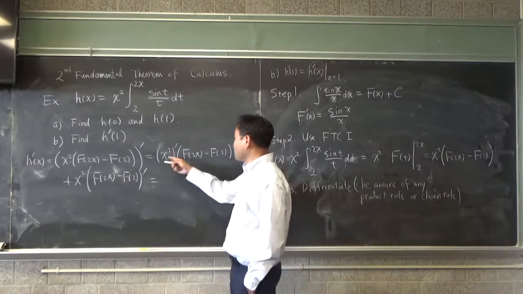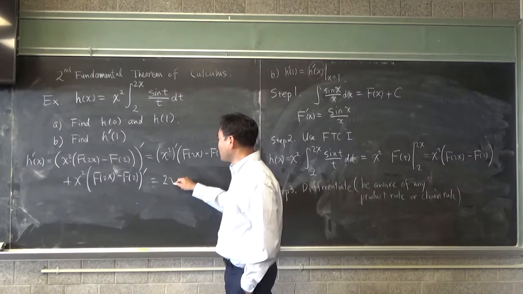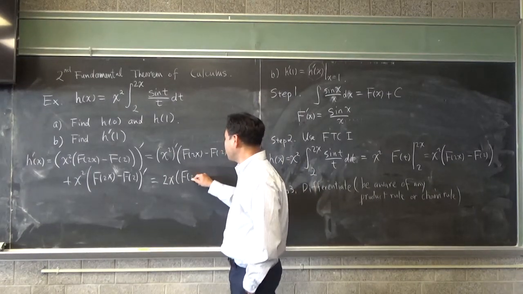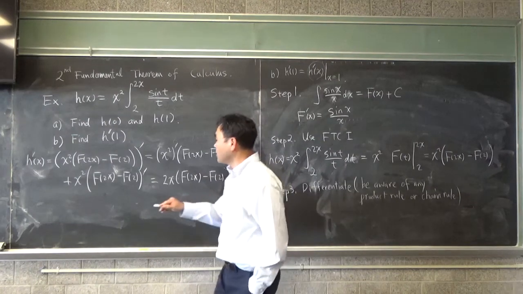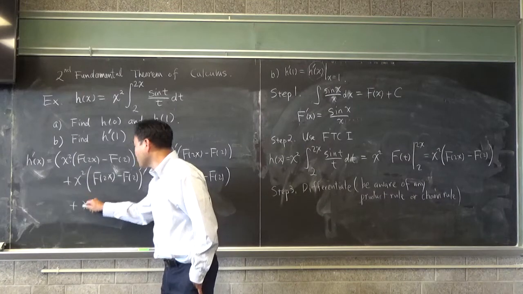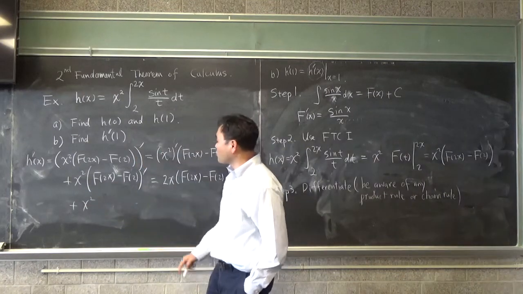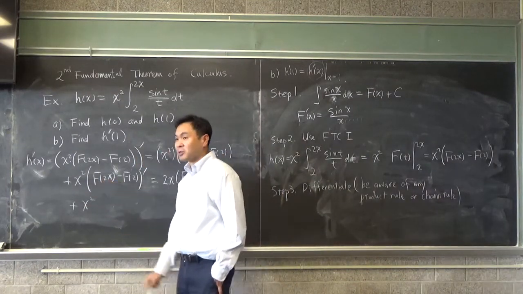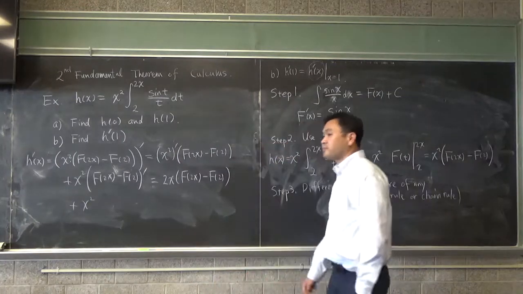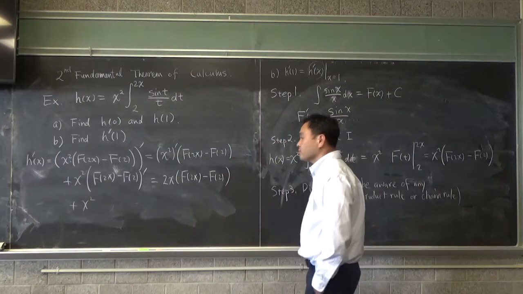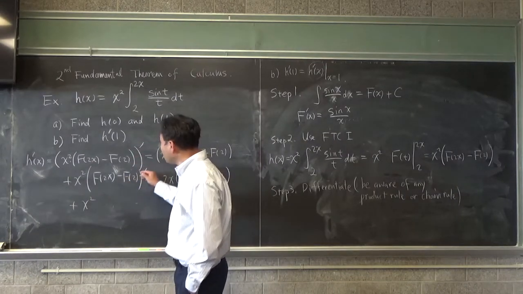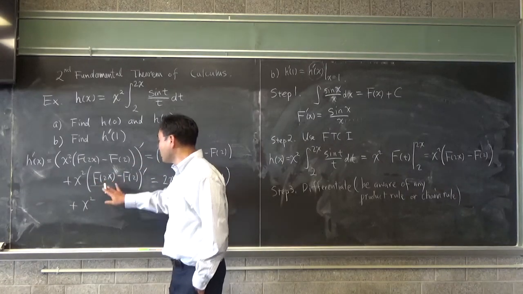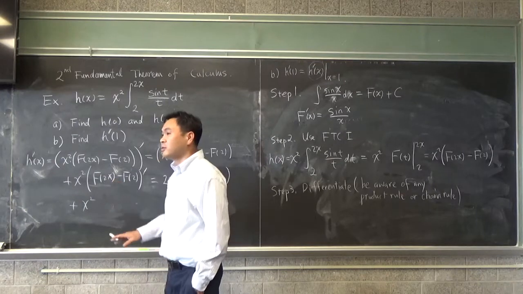And these are easy. X squared prime is 2x. And then you have x squared times, oh, this is a bit challenging. What is capital F prime of 2x? Sorry, when you differentiate this, what rule should you use? Chain rule, right?